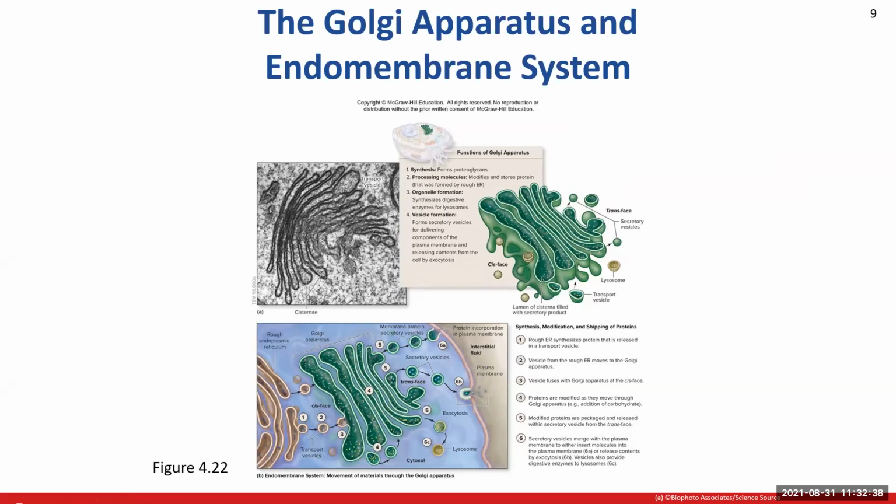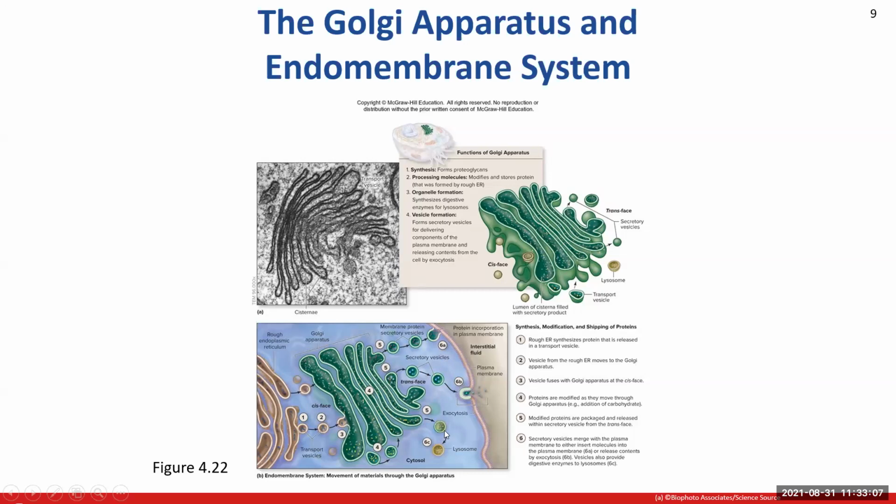So the Golgi apparatus does quite a bit. It's going to modify these proteins, and then it'll package them up and get them ready for either incorporation into the plasma membrane or secretion from the cell itself. And one more thing you notice down here, some of these secretions get packaged up into another transport vesicle.